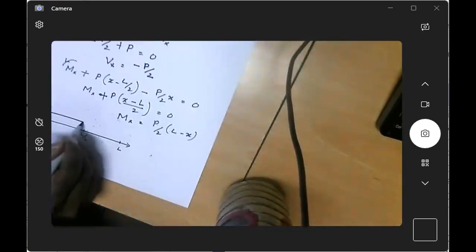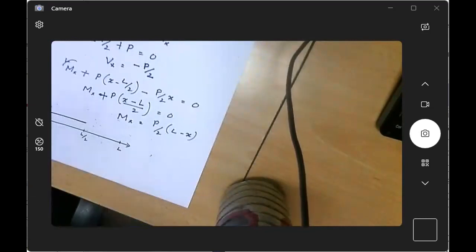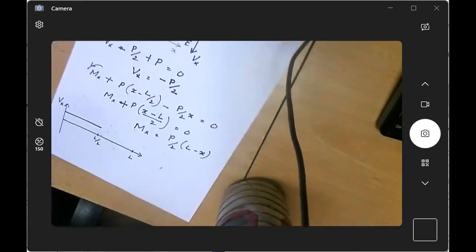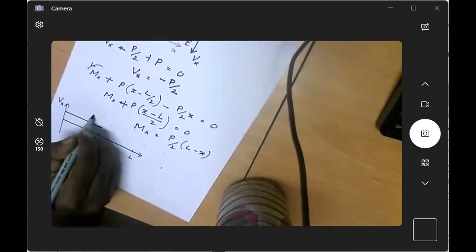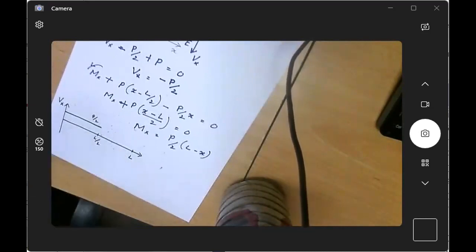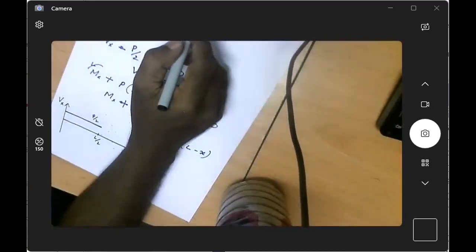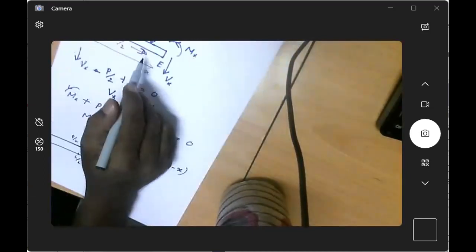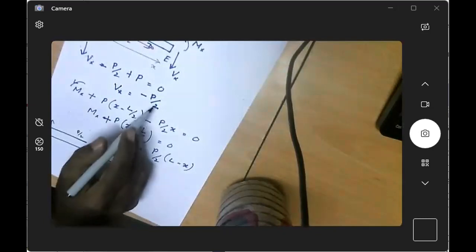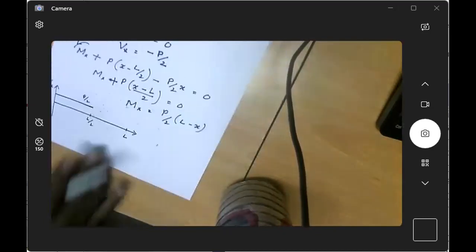So up to here it is a constant value of P over 2, right? And after this point load at point D, it suddenly becomes minus P over 2.